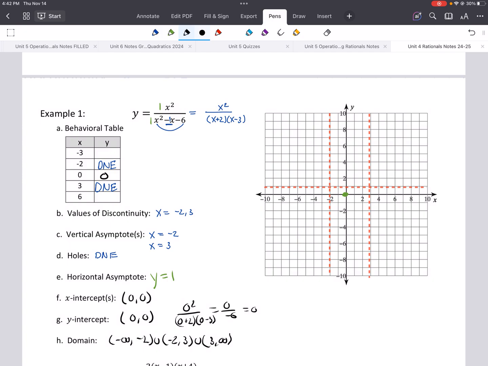So I'm just trying to plug this in. If we plug in negative 3, we get negative 3 squared over (negative 3 plus 2) and (negative 3 minus 3).